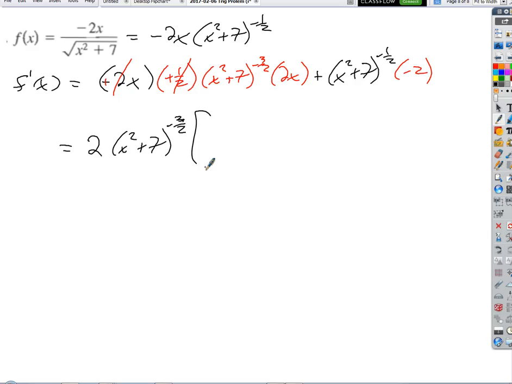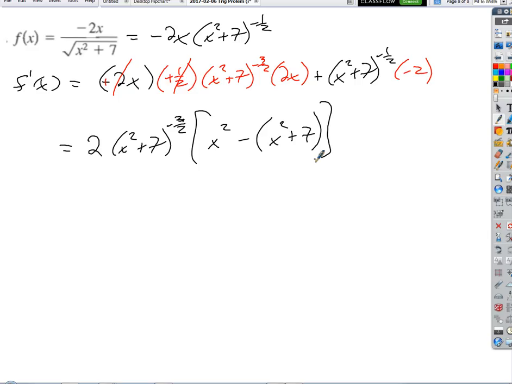All we're left with is 2x squared minus, what? Just x squared plus 7 to the 1, right?